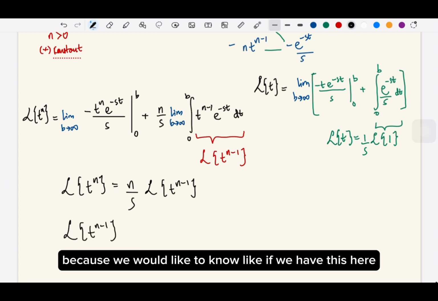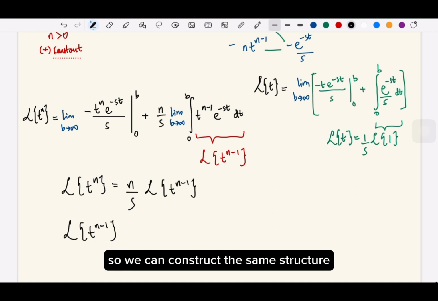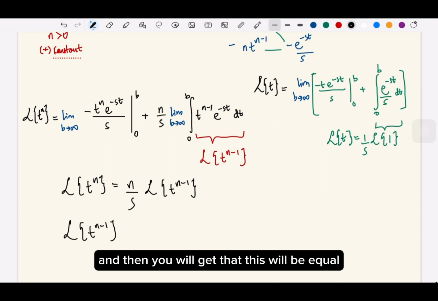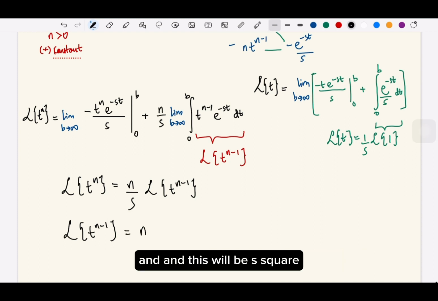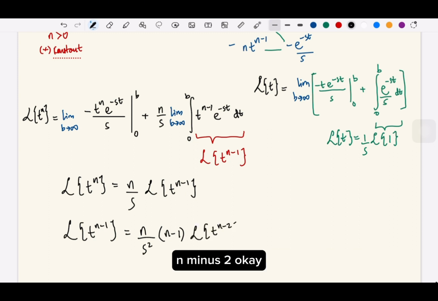Because we would like to know, if we have this here, what is this Laplace? So we can construct the same structure, and then construct another integration by parts, right? And then you will get that this will be equal to n, and this will be s squared, and then we have n minus 1 there, and then Laplace of t to the n minus 2.